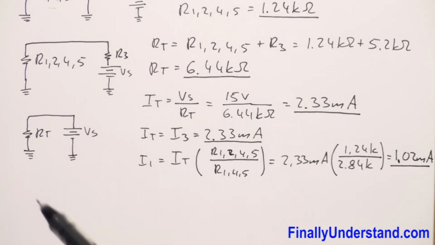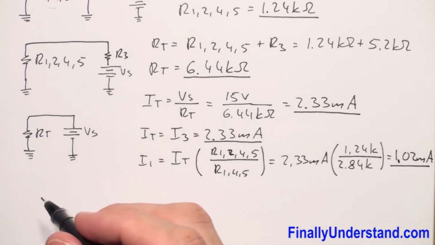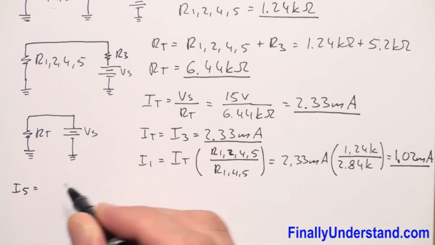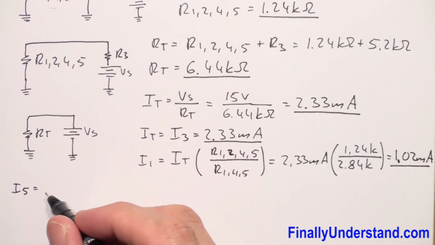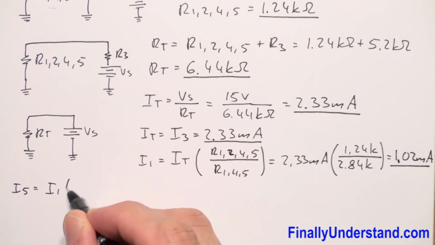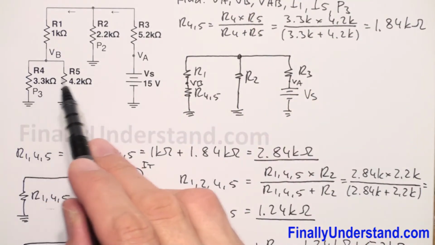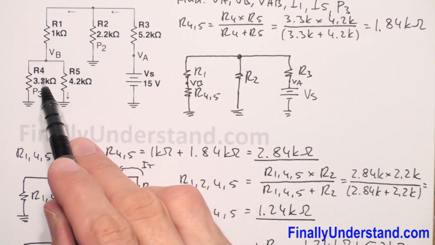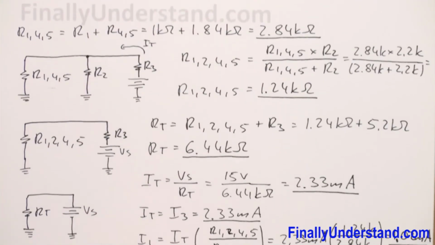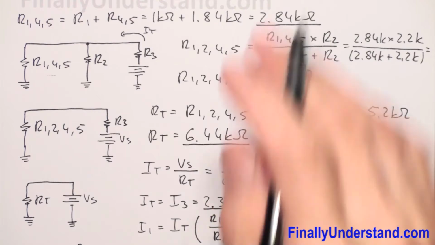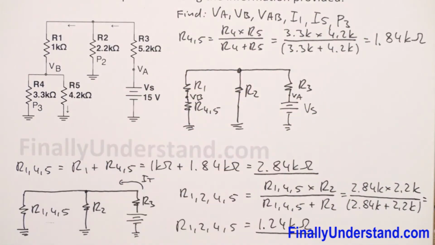So I can say that I5 is equal to I1 times the equivalent resistance for these two resistors, so I have R45, divided by, and because I'm looking for the current at resistor R5, I have to divide by R5.